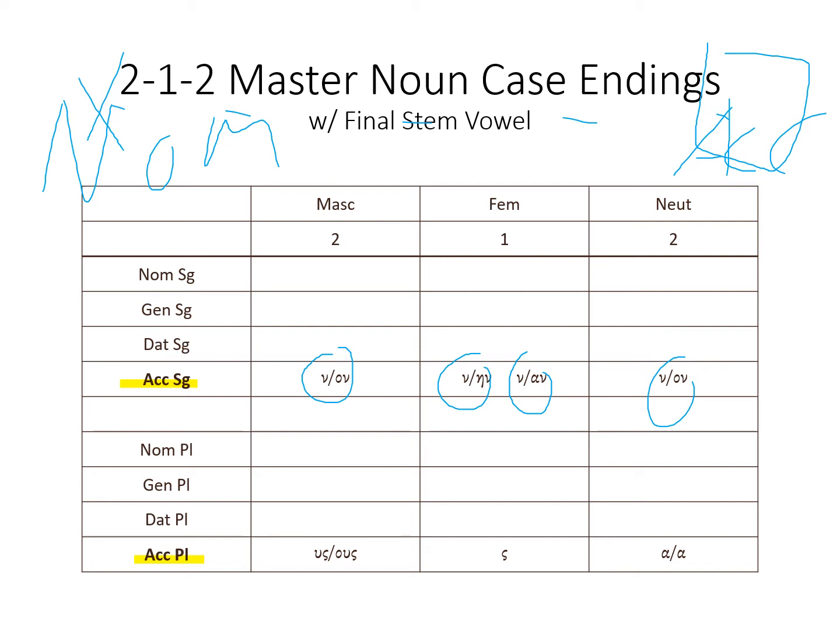And with the plural, the ending on the left-hand side, us, and then just the sigma and alpha. With the final stem vowel, you can see the combination there with the omicron, and the alpha doesn't change here.